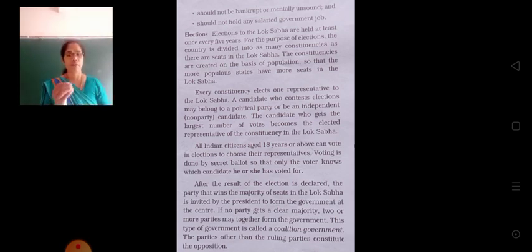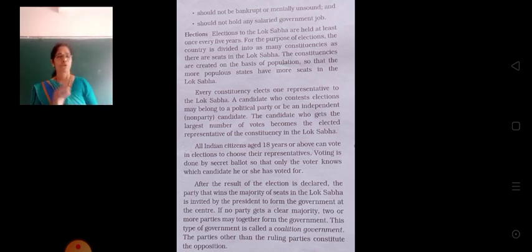All Indian citizens who have completed 18 years of age have the right to vote in elections to choose their representatives.